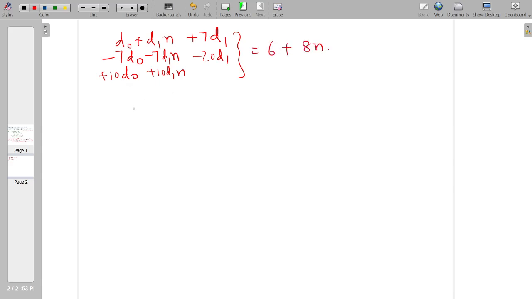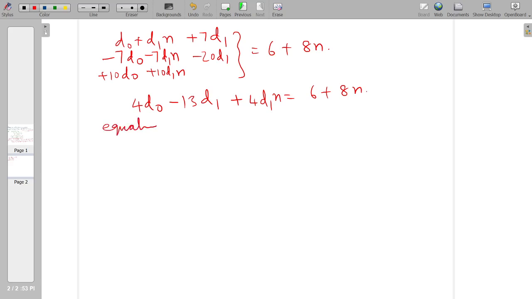So when I simplify this, I have 4 d0, 11 minus 7 is 4 d0, minus 13 d1, and this is 11 minus 4, so I have plus 4 d1 n is equal to 6 plus 8n.